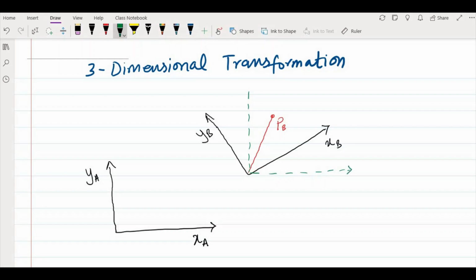I think this is not strictly perpendicular, so let me make it perpendicular again.